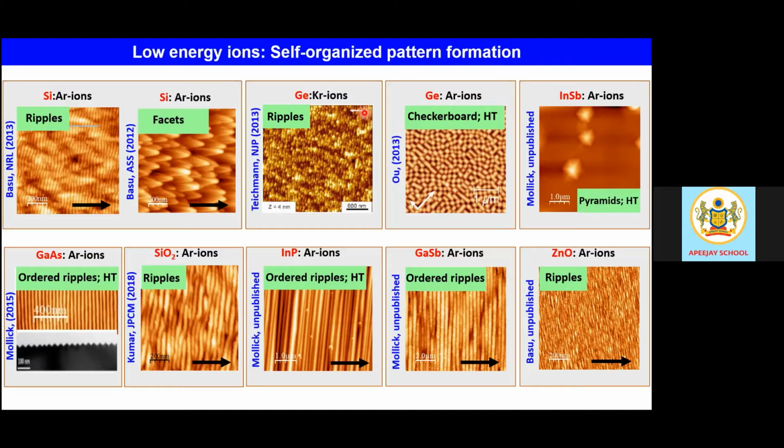These are tabletop kind of experimental facilities where the ion sources cost orders of magnitude less, maybe 6 to 8 orders of magnitude less compared to professional ion implanter facilities or accelerators.